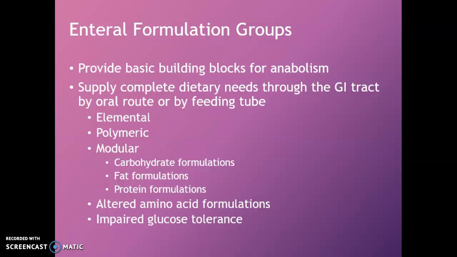The basic categories are elemental, polymeric, modular. These are carbohydrate, fat, or protein formulations, our altered amino acid formulations, and then those for impaired glucose tolerance. We're going to cover these broad categories briefly, and then we'll review some examples as well.